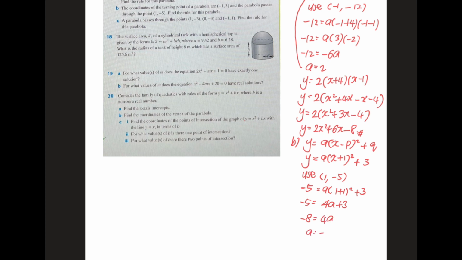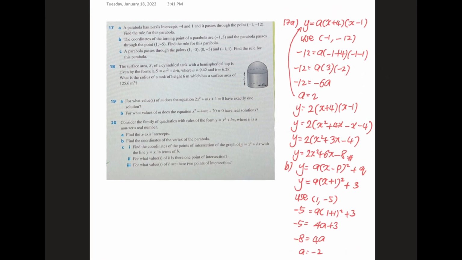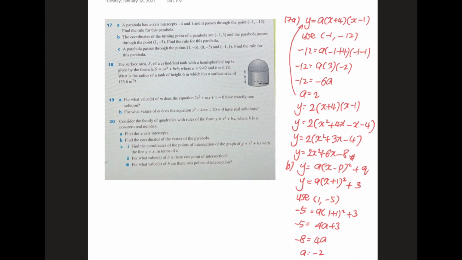So 2 squared, which is 4a, plus 3, so 4a equals minus 8, a equals minus 2. Okay, y equals minus 2, x plus 1 squared plus 3. So we get this form. We can put this as the final answer.